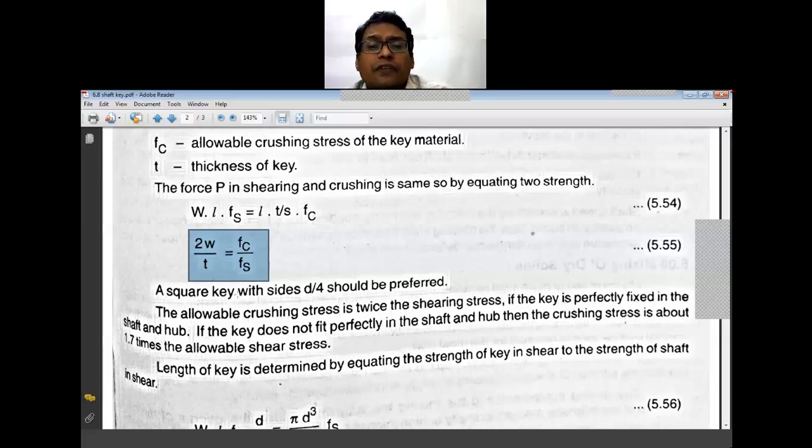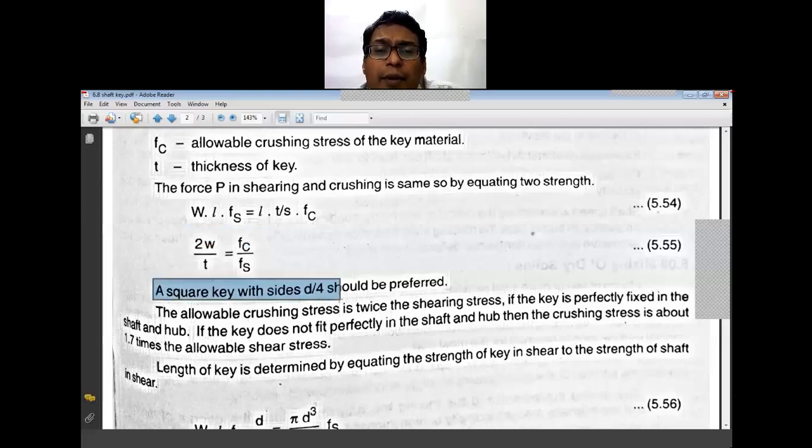Generally a square key is used, having the width equal to D by 4, the shaft diameter by 4, as the width or thickness of a key. So the allowable crushing stress is twice the shearing stress.